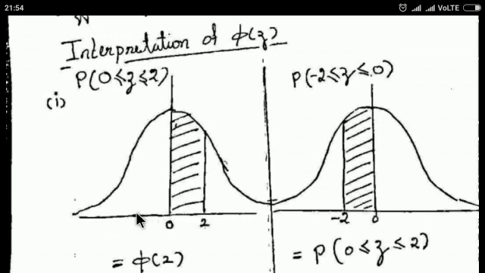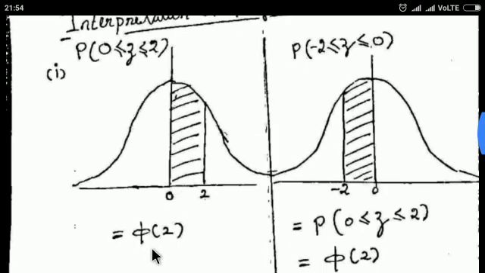On the left hand side you have the negative quantities, on the right hand side you have the positive numbers. So 0 to 2, I will shade this area. This area is phi of 2. Now the probability of z lying between minus 2 and 0 is this shaded portion.